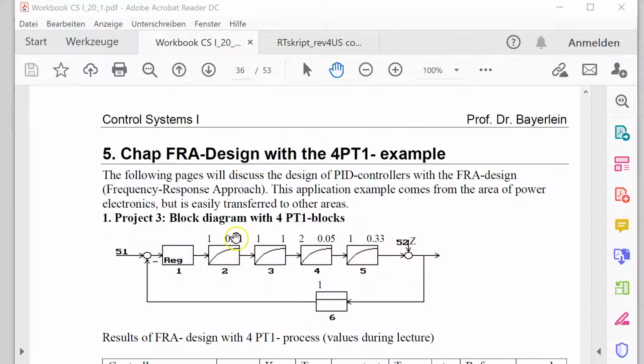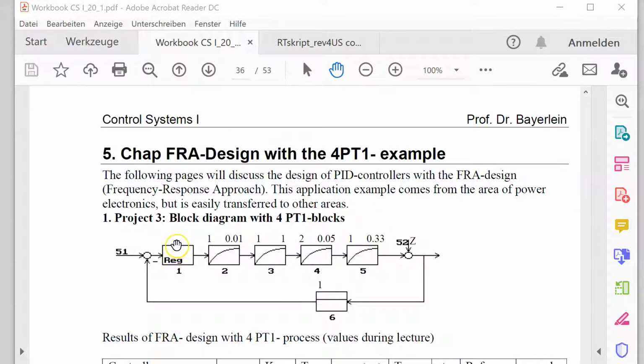Note that it is impossible to calculate, for example, Laplace transformation results with the system, because we have here a 4 PT1, fourth order system.